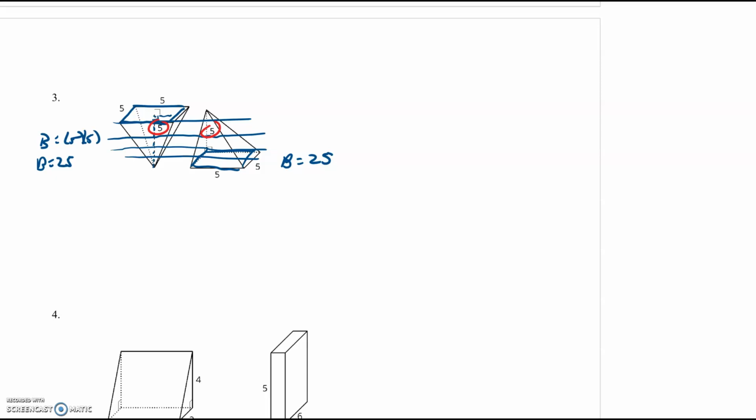So these will have the same volume. Each cross-section will be congruent. Okay, fantastic. Moving down to number 4.